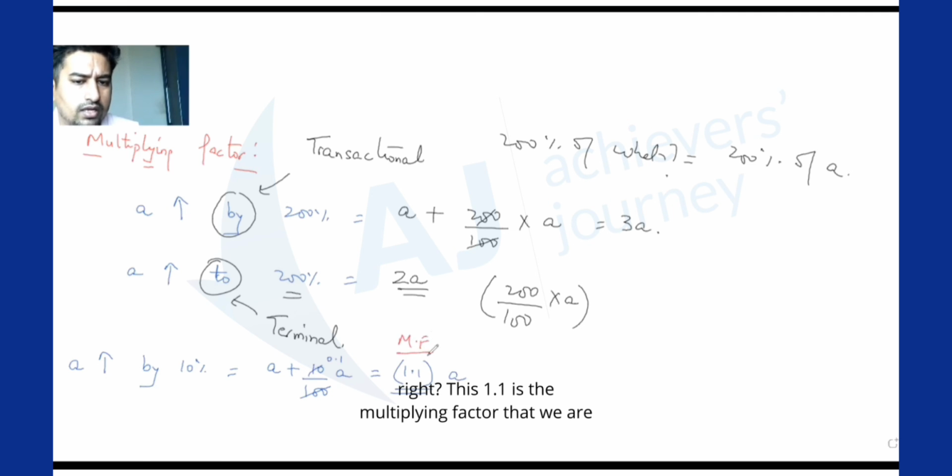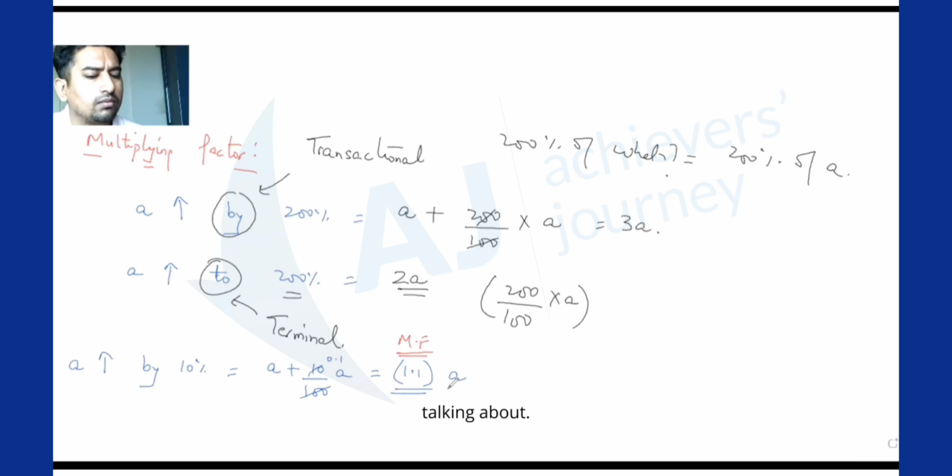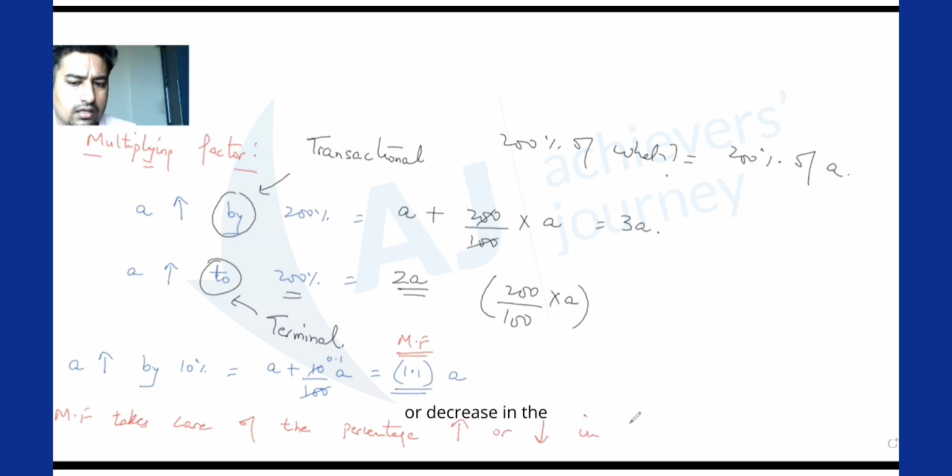So what does the multiplying factor do? Multiplying factor takes care of the percentage increase or decrease in the variable.